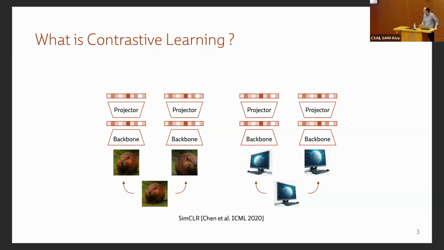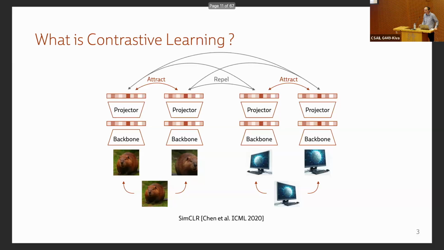What we want to do in contrastive learning is enforce some sort of attraction between the embeddings of similar images. For instance, on the left, we have a beaver, and on the other hand, we have a computer. So we try to enforce some similarity among these samples, as well as we try to repel the embeddings across different examples. The idea here is that, at the very end, we would like to capture a sort of similarity metric that captures the underlying semantics of the concepts in the images.